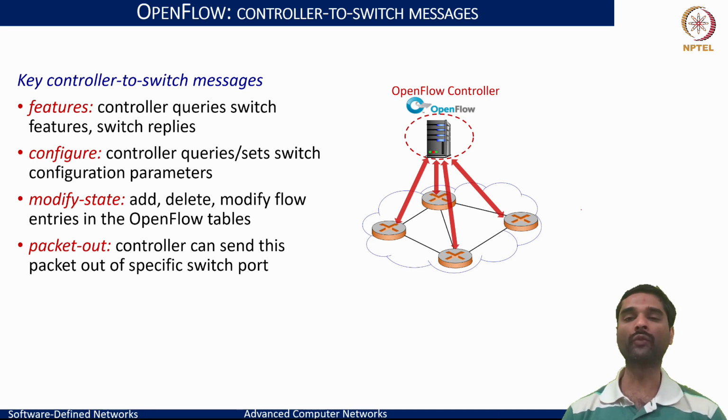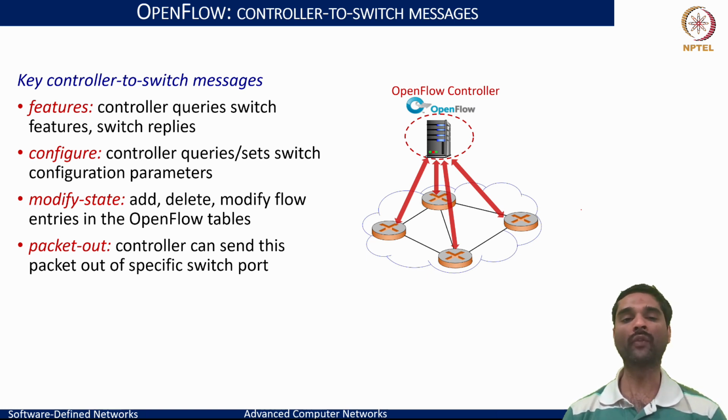There is also a configure aspect where the controller can configure the parts of the switch, especially when you want to configure specific ports to be active or inactive, bring down specific links, or set some VLAN attributes for particular switches. Those can all be done through the configure message.